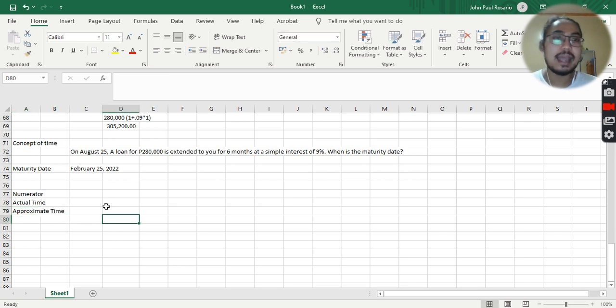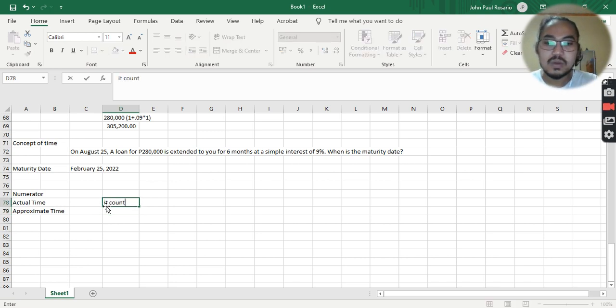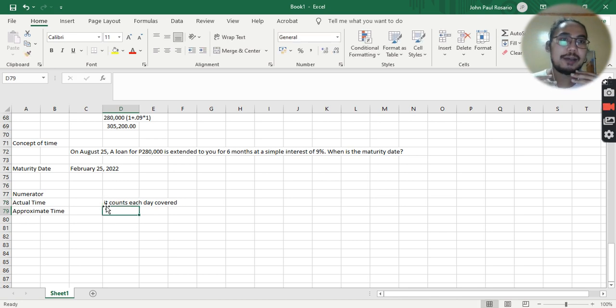With actual time, it counts each day covered. For example, count from August 24 to September 3. Again, in counting the time, we ignore the first day and we include the last day.